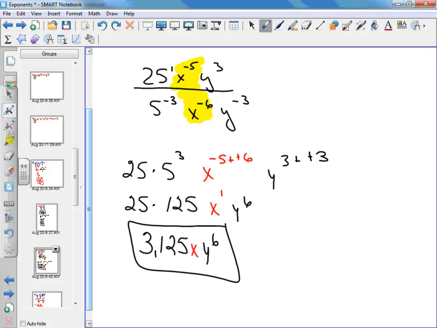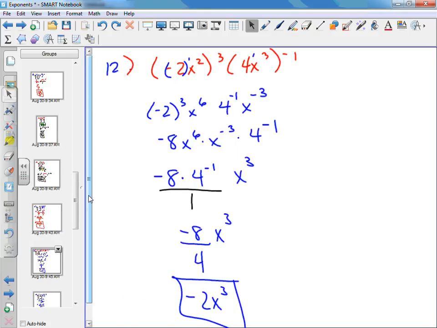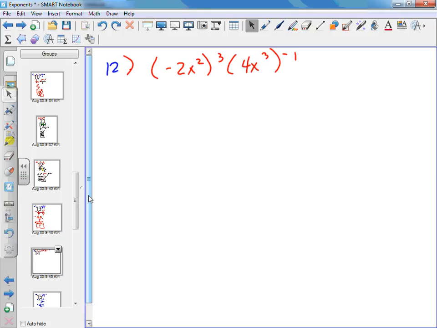We're 12 on the back. Okay, number 12 on the back. This is kind of an important concept for you to understand here. When you have the negative number inside a parenthesis, if I take a negative times a negative, what's the outcome?